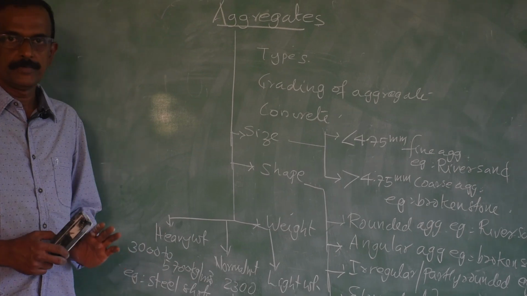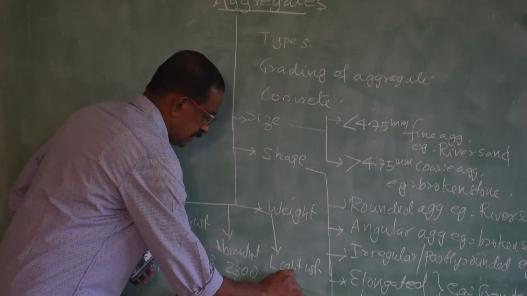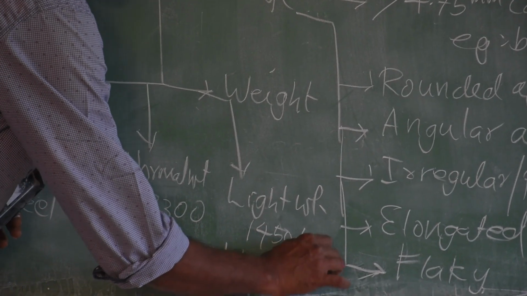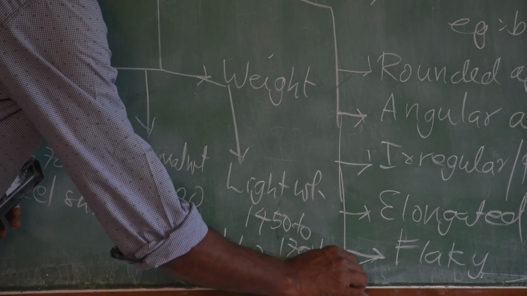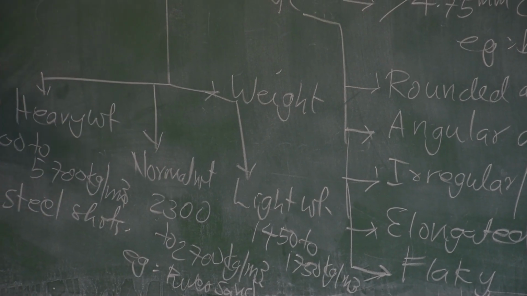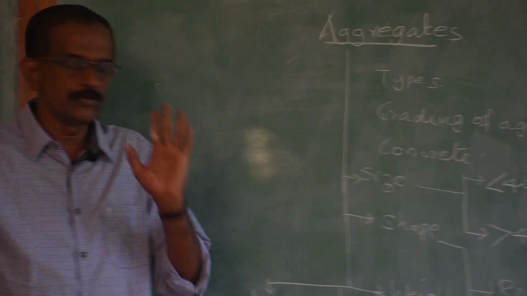And finally, if the density of the concrete is between say 1450 to 1750 kilogram per m cube, that concrete is called lightweight concrete and the aggregates used are called lightweight aggregate.